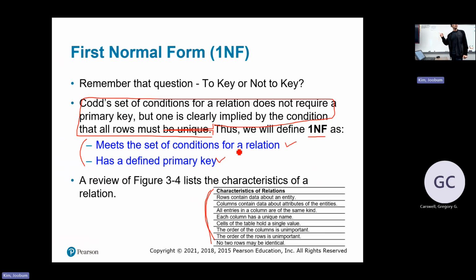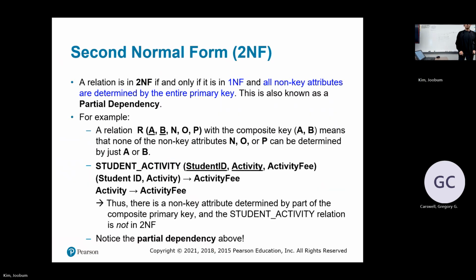So far, it's not difficult, right? Just check the conditions. The relation satisfies the set of conditions for a relation, and if this relation has a primary key, then the relation is in first normal form. And then next, second normal form is a little bit complicated, but not too difficult.